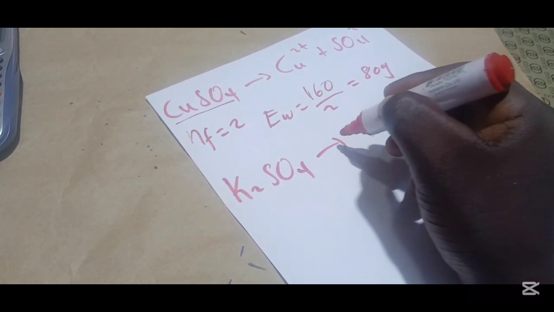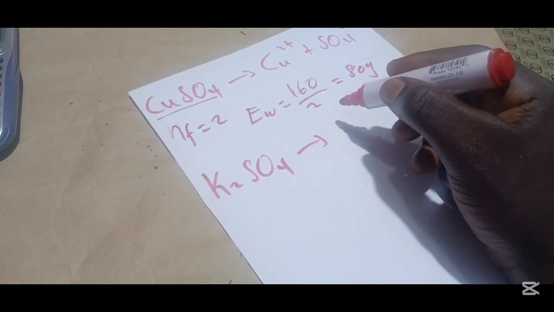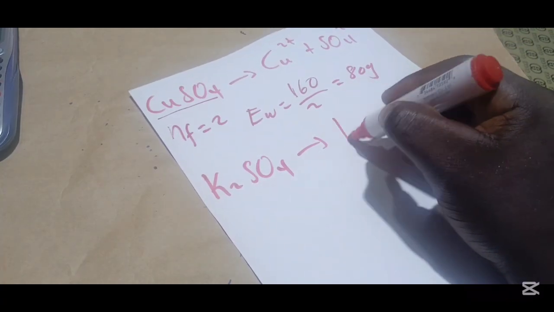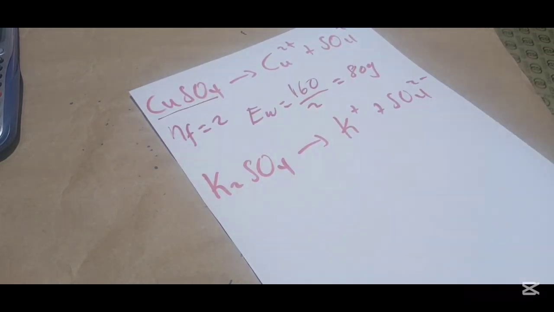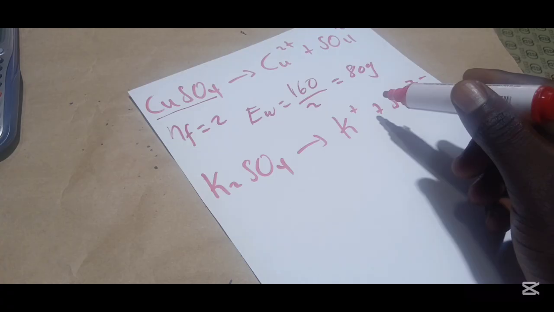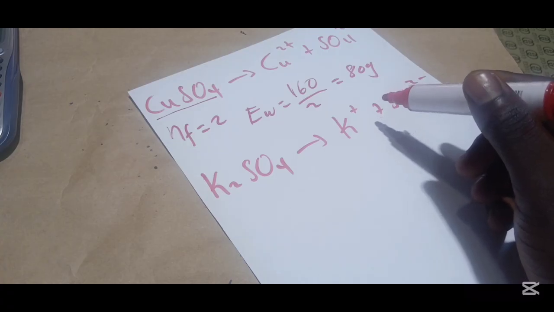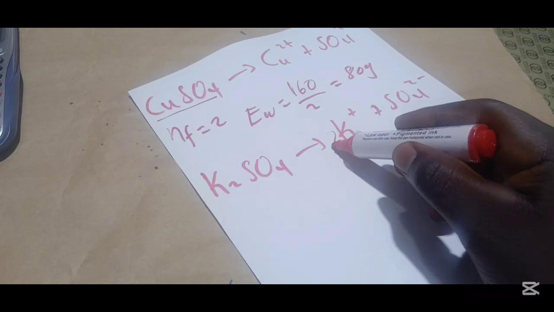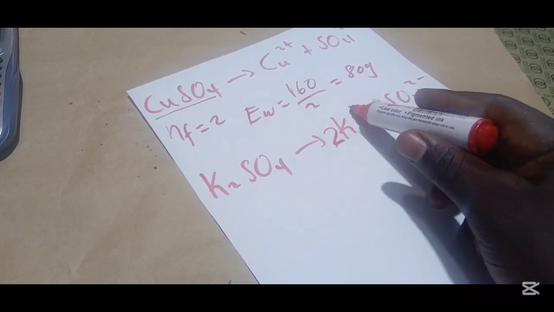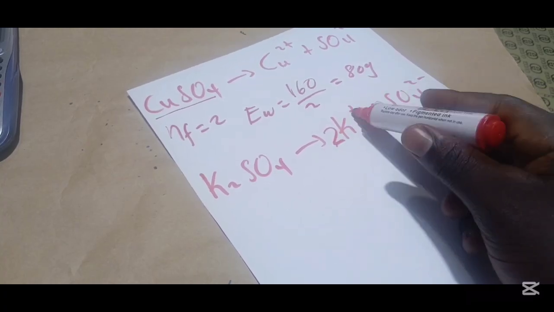So for K2SO4, we see that we have K plus and SO4 2 minus. So let's balance the equation. We have to make sure that the equation is balanced before you figure out your N factor. So we have 2 of K here, let's put 2 here, right? This 2 is definitely going to affect the charge, which is plus 2.